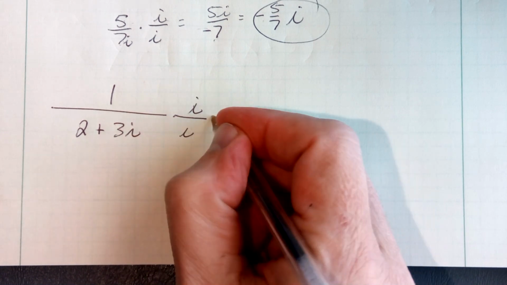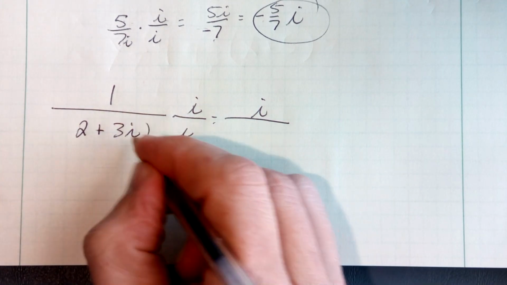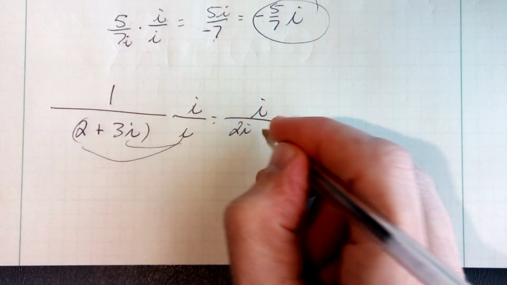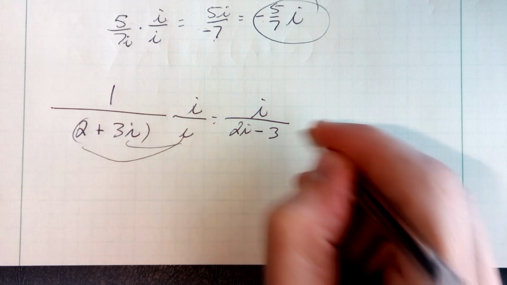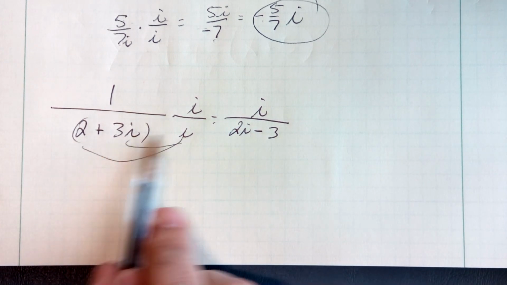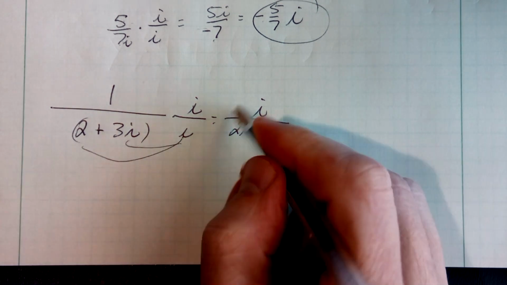If I did that, I'd get an i on top, and then I would have to distribute this i in, and I'm going to get another i on bottom. It didn't help, right? By the way, why did that become -3? Because i times i is i squared. i squared is -1 times 3 is -3. But that didn't help. So that didn't work.